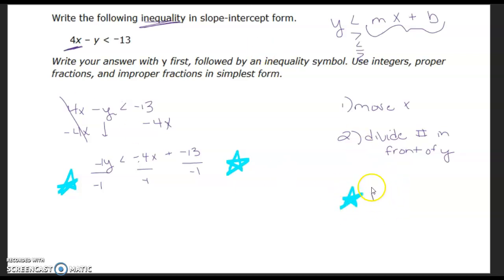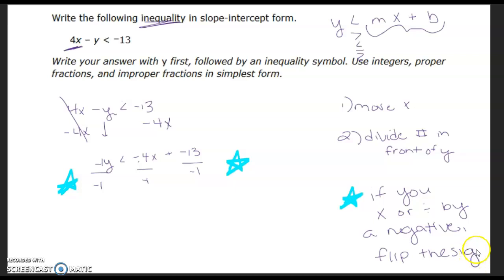If you multiply or divide by a negative, you have to flip the sign. And I can explain why you flip the sign if you want to, but basically you have to flip the sign. I mean, I will explain.